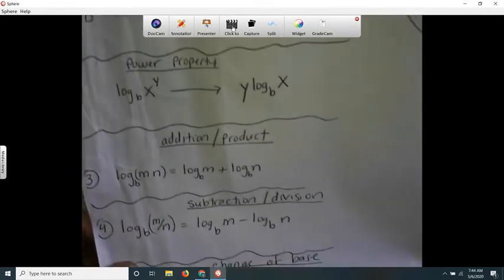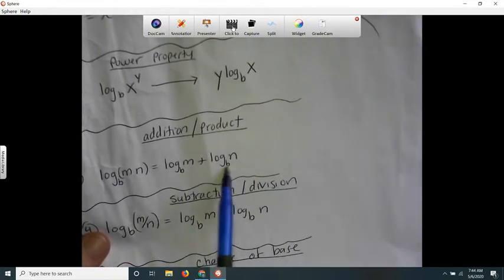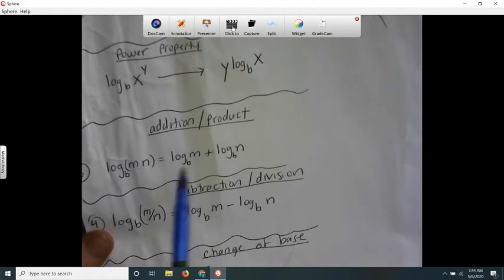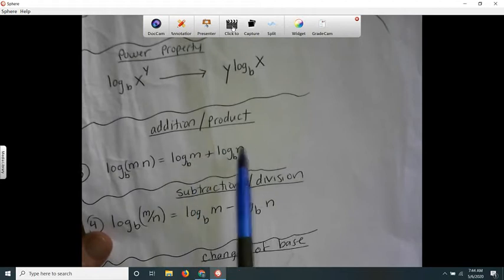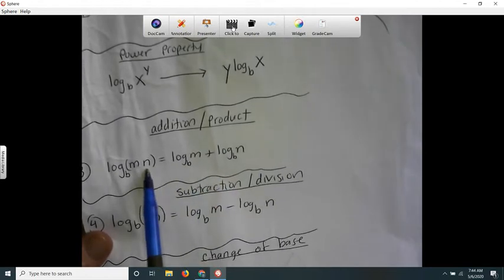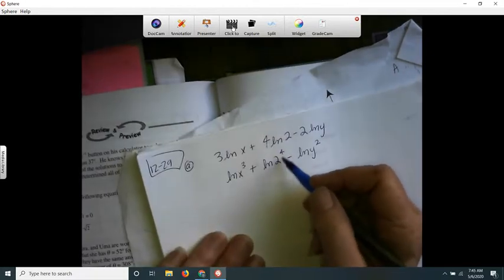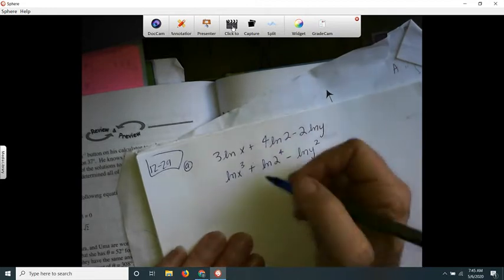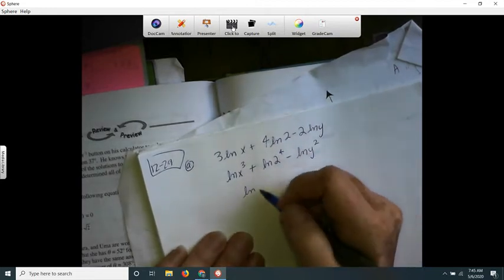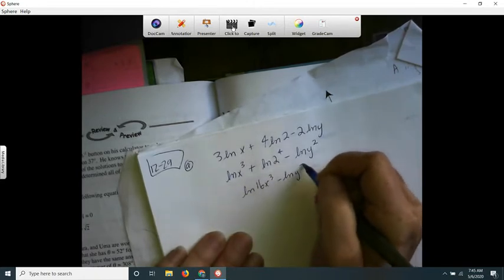The addition one says if I have 2 logarithms and they're both the same base, I can write it as a single logarithm just by combining the argument, like with multiplication. So that's going to give me, now 2 to the 4th is 2 times 2 is 4 times 2 is 8, is 16. So that's going to give me ln 16x cubed minus ln y squared.